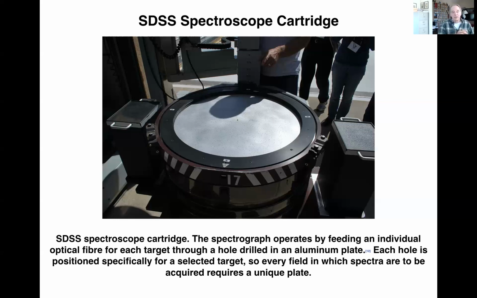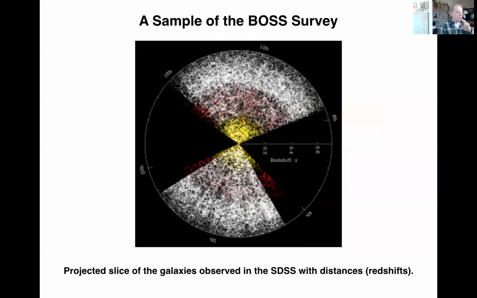For 20 years now, it's been taking data, and it's observed millions of galaxies. And this is a slice of the sky. This is the Earth at the middle. Then as you go out towards the perimeter, you're going back in time and out in distance.